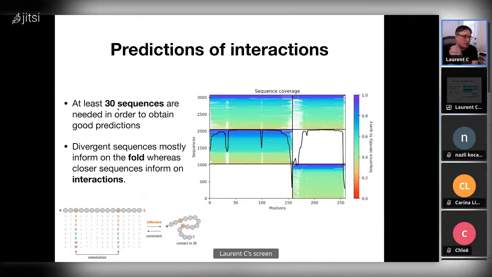If you have 30 sequences that are really similar to each other, you will not have a lot of information to deduce those coevolution patterns. But if you have 30 sequences that all correspond to homologs of your protein, but that explore very different protein residues, then you will have a lot of information to generate a good structure in the end.